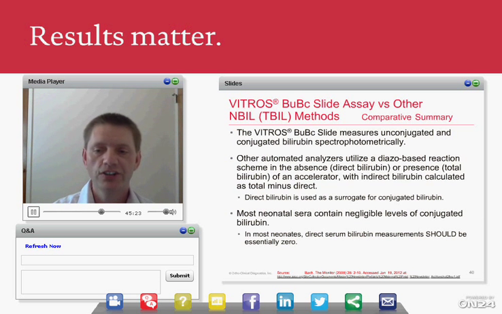The challenge is that people are used to seeing a value for a D-bill, so when they switch to a measurement that's more specific, they sometimes need to be shown the evidence that that method is more specific and that really what they were getting before was a false result.